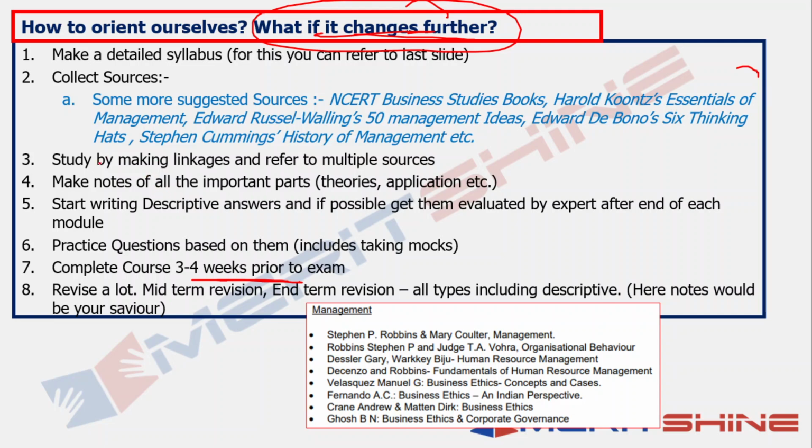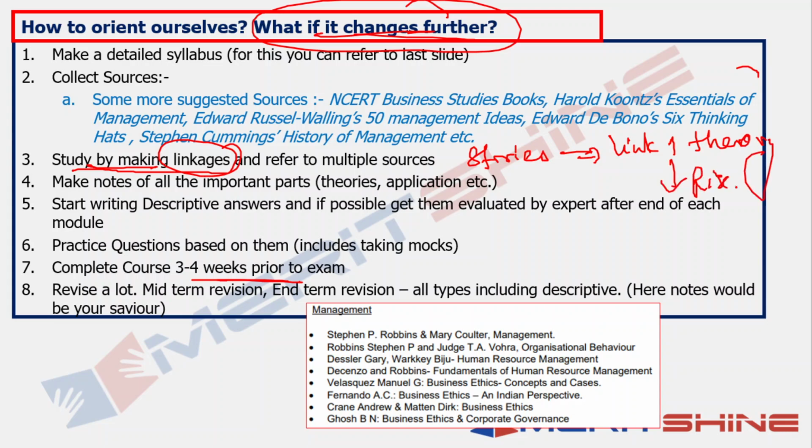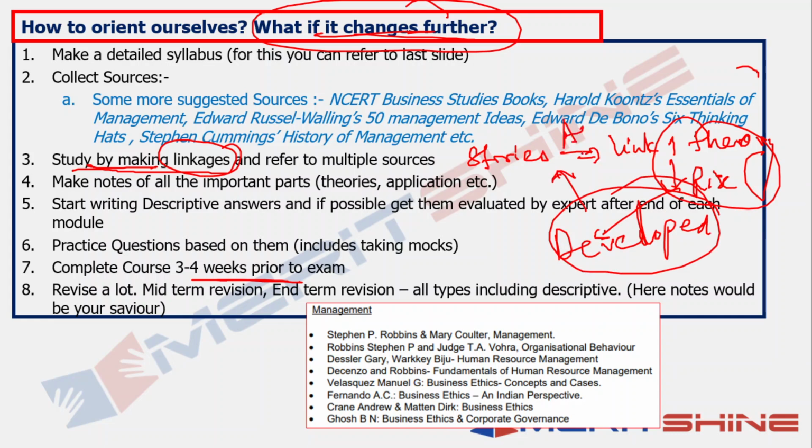Third, very important, last but not the least, study by making linkages. Linkages mean stories. Link one theory with another. Link the downfall of one theory with the rise of another theory. Link the development of one concept or theory based on the application of another theory. Getting my point?